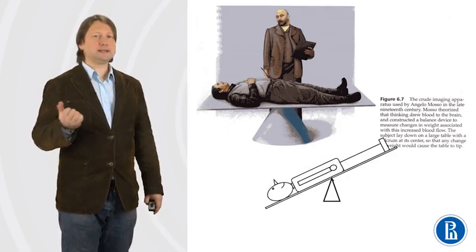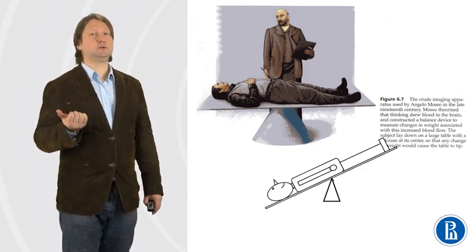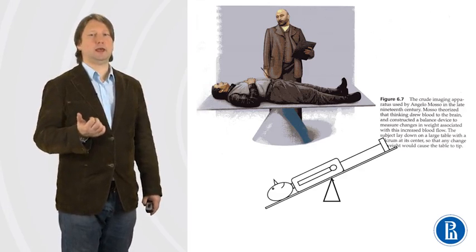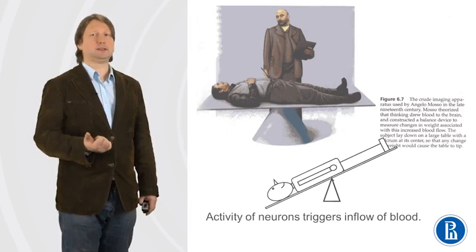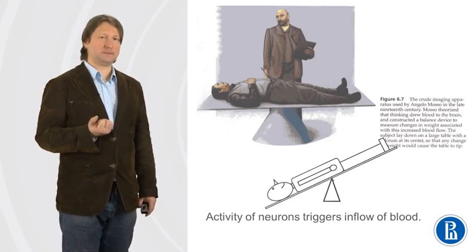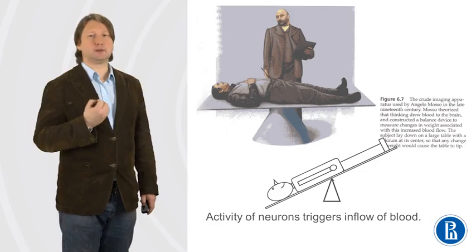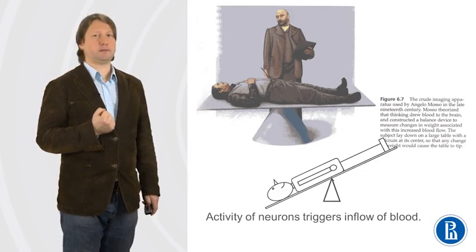Basically, when we make some calculations, our brain is activated, so neurons need more energy, they need more oxygen. It triggers an inflow of blood to the brain, and it changes the weight of the brain. So this experiment actually explains the principle of the fMRI method.